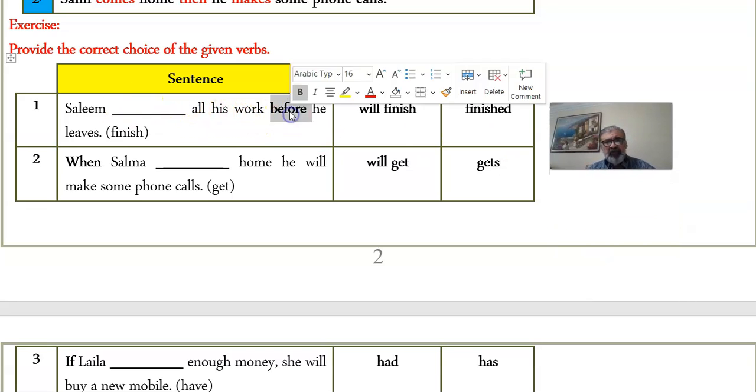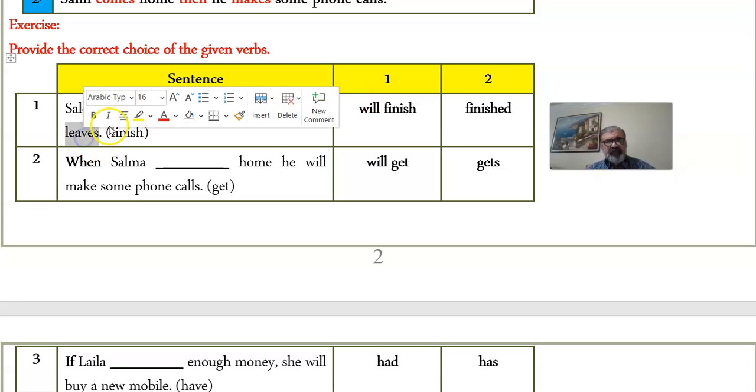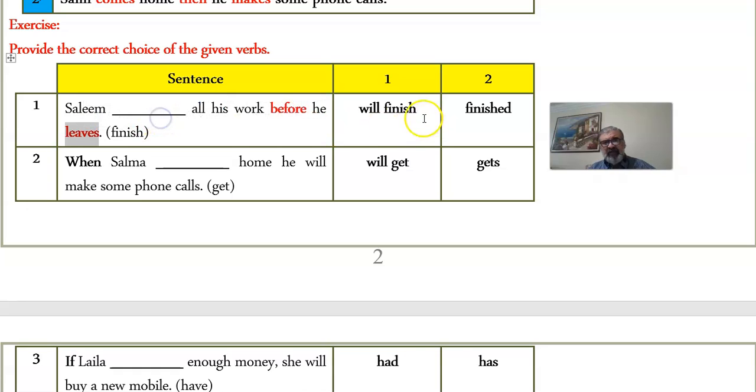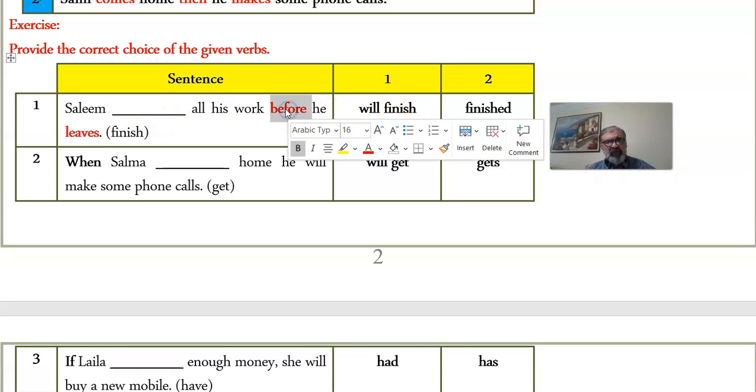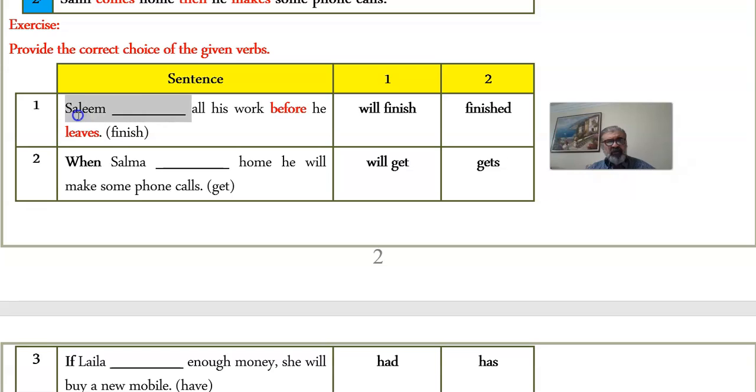Salim finish all his work before he leaves. So now before is used in middle position. So here it should be what? Salim will finish. Okay. Our answer should be will finish.